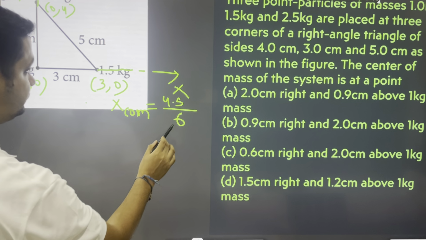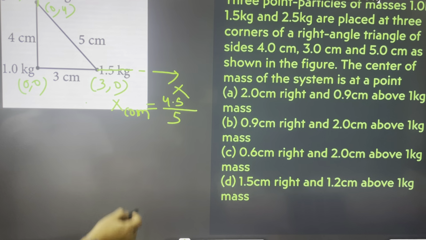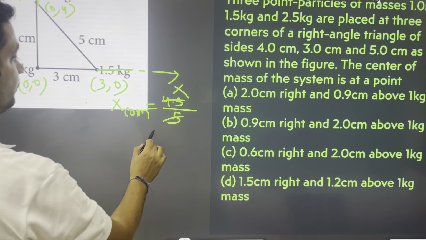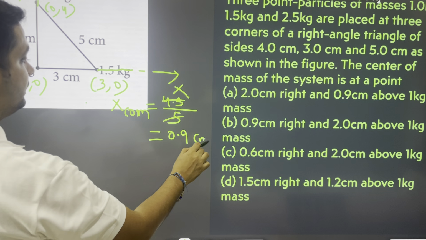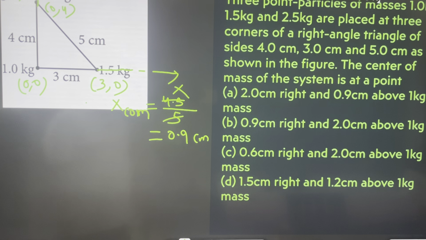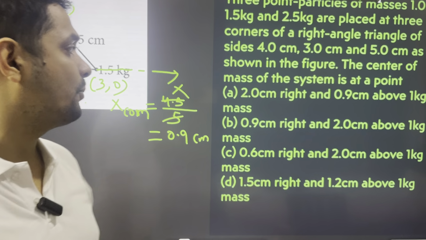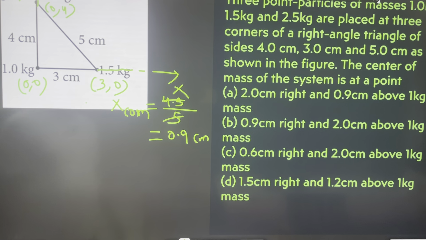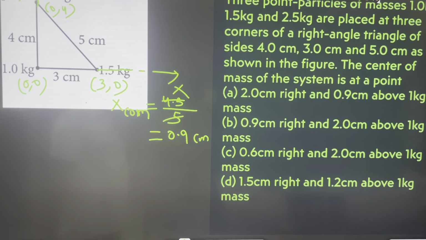So 4.5 divided by 5 is 0.9 centimeter. We have no need to change the unit because the options are in centimeter only. So the x coordinate of the center of mass is 0.9 centimeter.